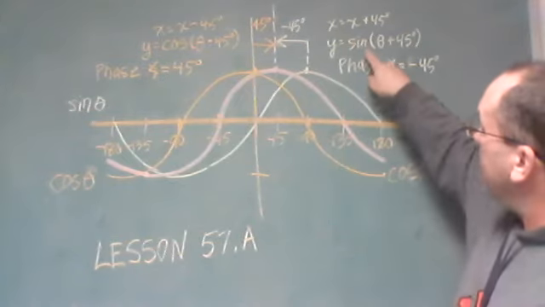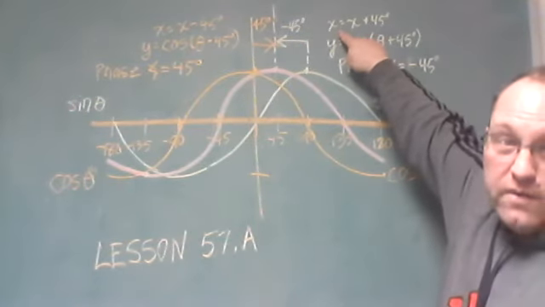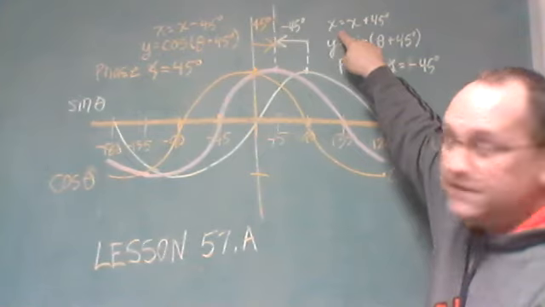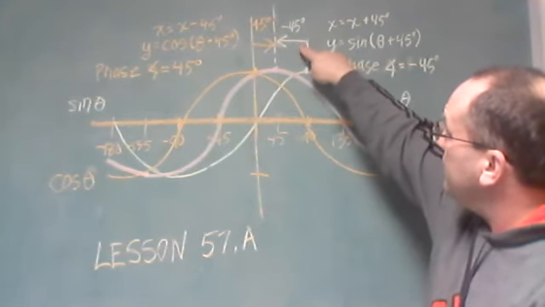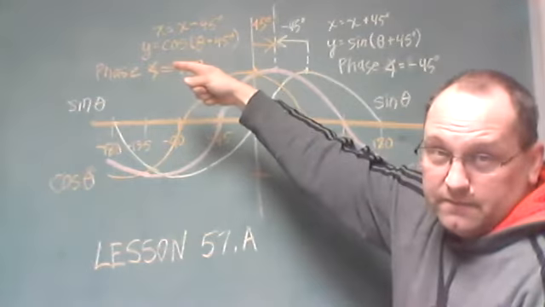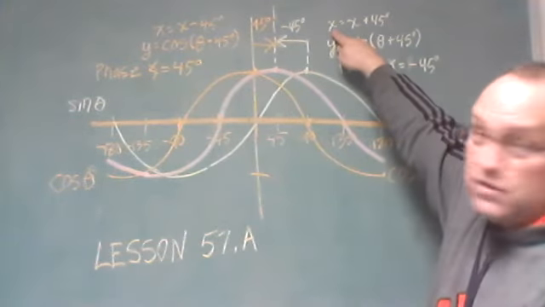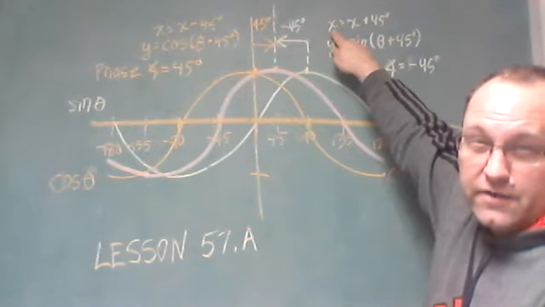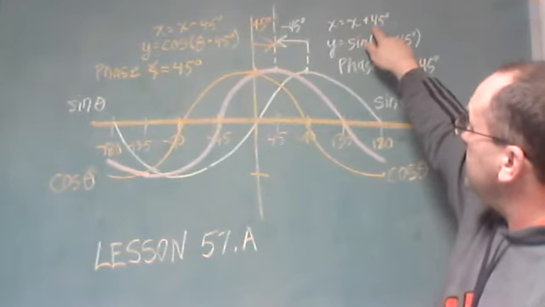In the case of the sine curve, we've known from previous studies how to shift a curve. Our sine curve, we're going to shift 45 degrees to the left. We can do that if x is in our function by adding to x.